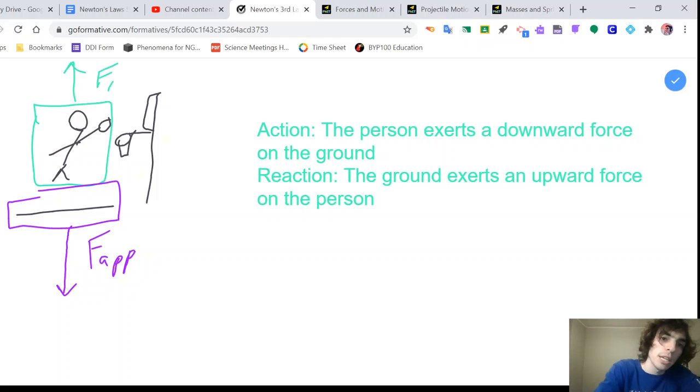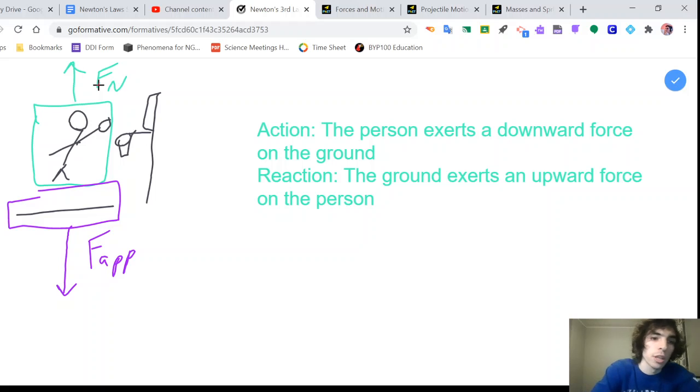It's probably something like a normal force, because this person is jumping off of a stable surface. So I would probably call that a normal force. You maybe could make an argument that that's an applied force, because it's something that the person is purposefully making happen with the action of their legs and the force they exert on the ground.